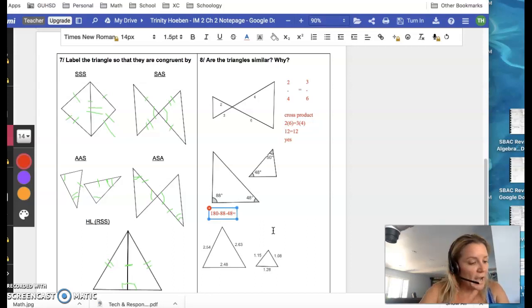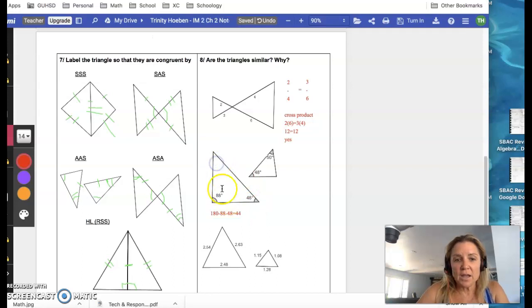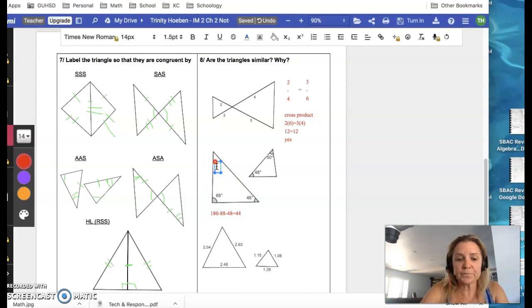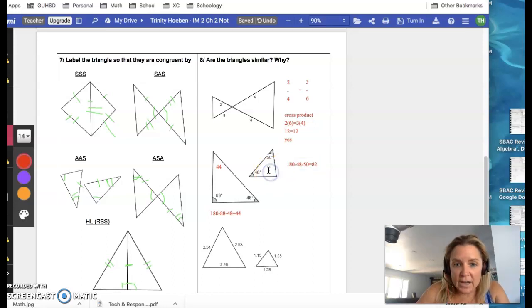In this case, 180 minus 88 minus 48 is equal to 44. So the angle up here is 44. On the triangle on the right, we can also start with 180, subtract the 48, subtract the 50, and that means that the leftover angle right here is 82.